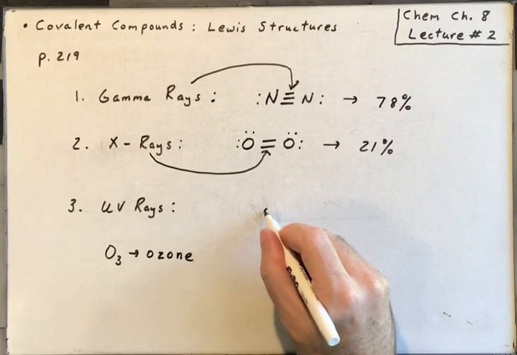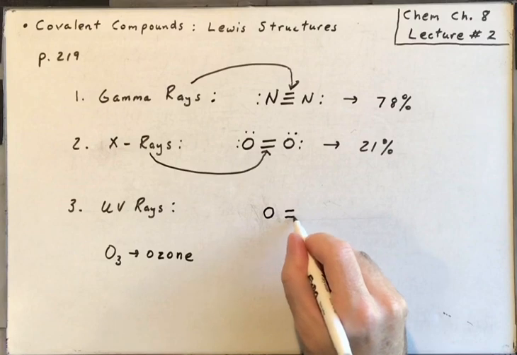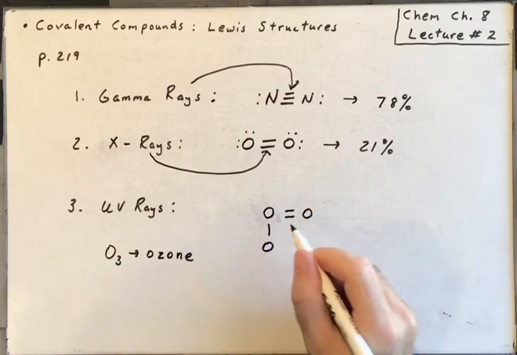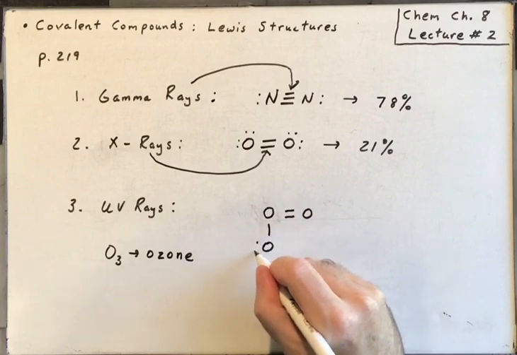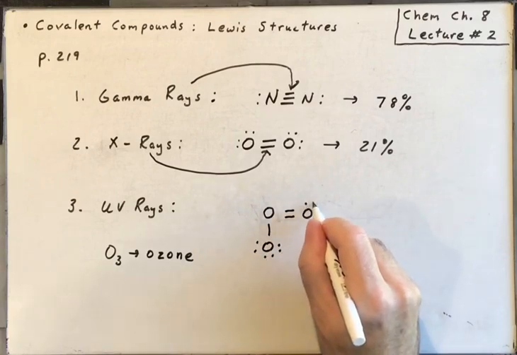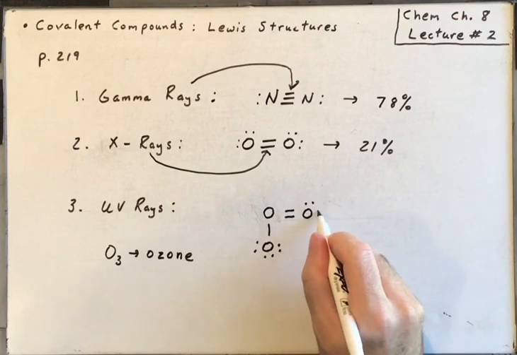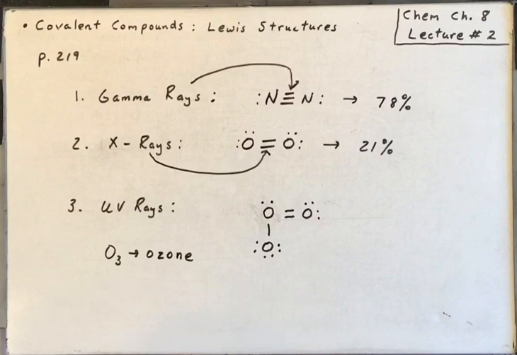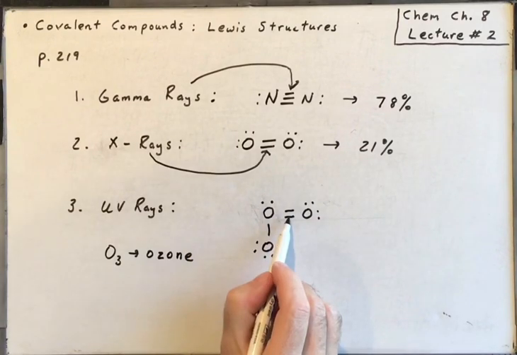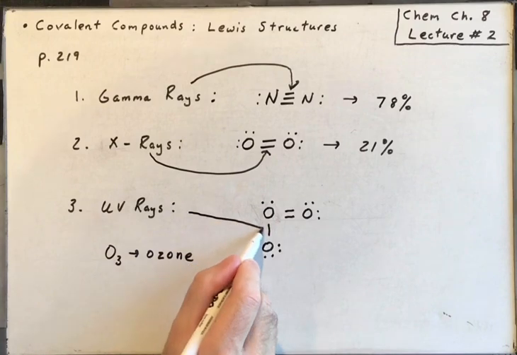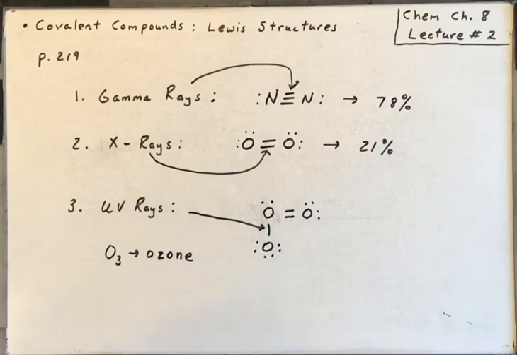Well, ozone looks like this. It has O3, with a double bond and a single bond with oxygen. UV rays aren't powerful enough to break the double bond, but they do break the single bond in ozone.